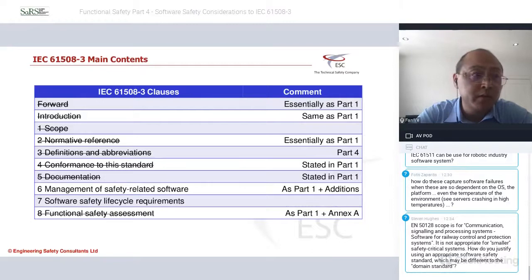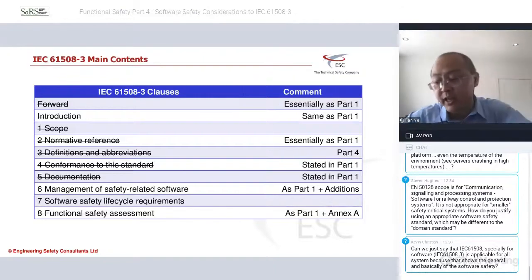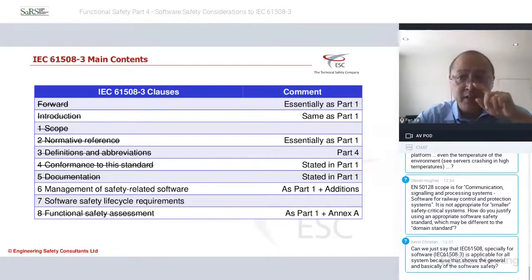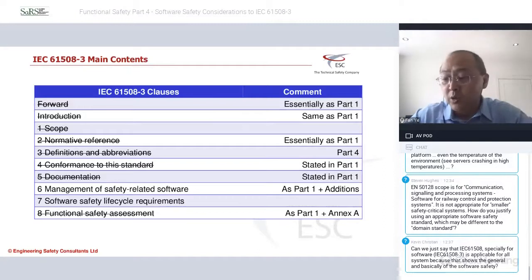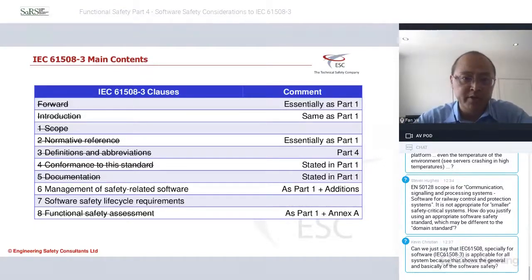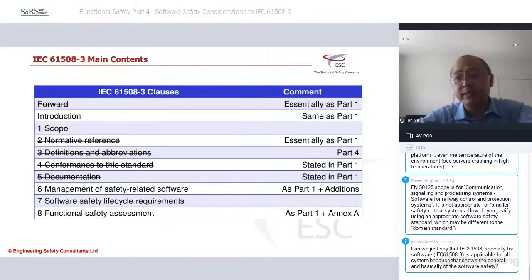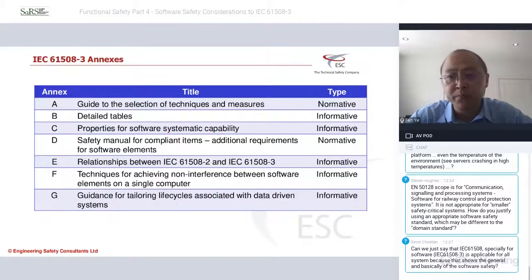If you get the configuration baseline wrong, you could introduce incidents and accidents in the finished system, because it's not the one you verified and validated. The key requirements remain in clause 7, talking about software safety lifecycle requirements and breaking it down into the different stages of the software development lifecycle. We'll come to those later on.